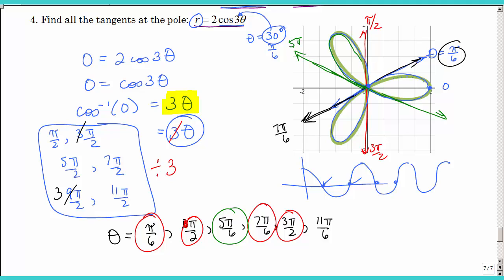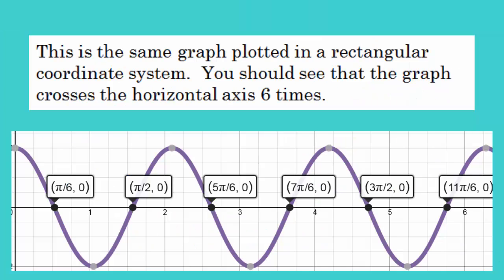So we have 5 pi over 6 on this end and 11 pi over 6 on this end. Do you have to write all 6? No. You have to have at least the 3. Whatever 3 I mentioned. So pi over 6, pi over 2, 5 pi over 6, that would get it. You just have to know that you didn't have just 1 or 2 answers.